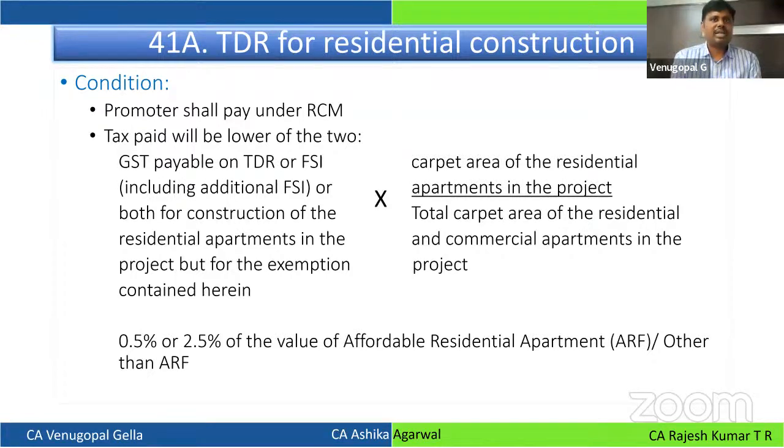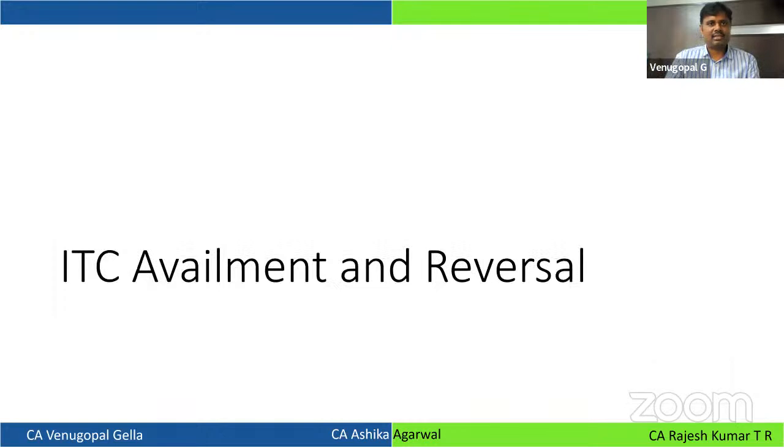So whatever is the GST computed for the residential apartments is multiplied by the carpet area of the units unsold divided by the total carpet area. This is on the development rights taxation.